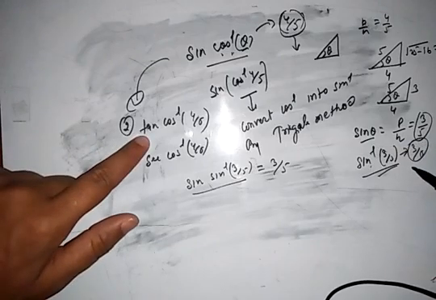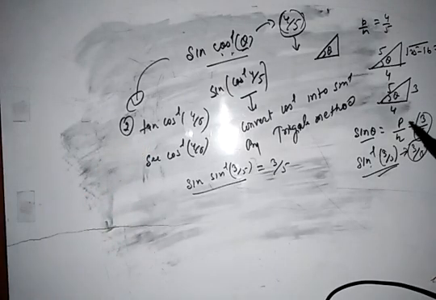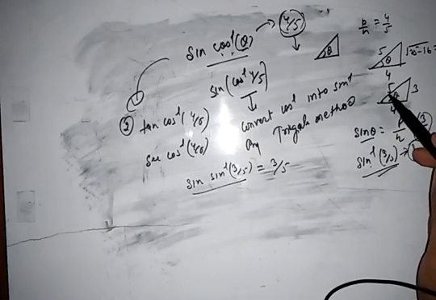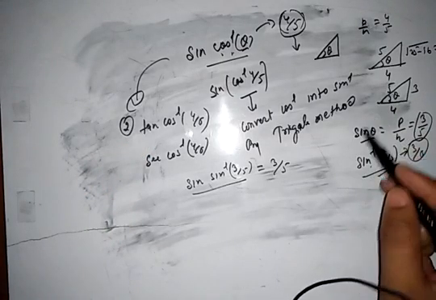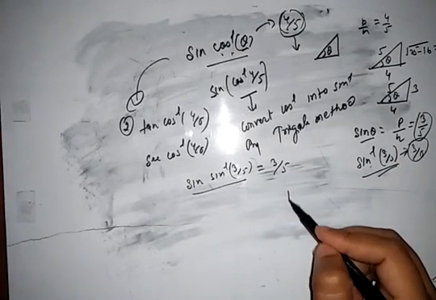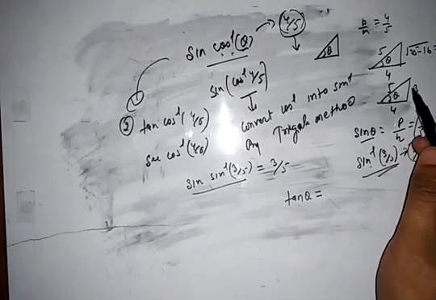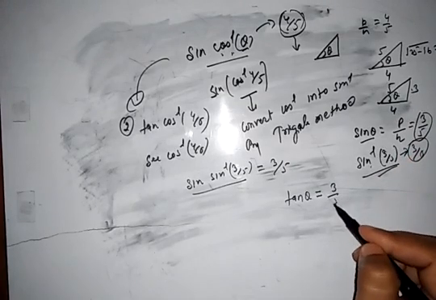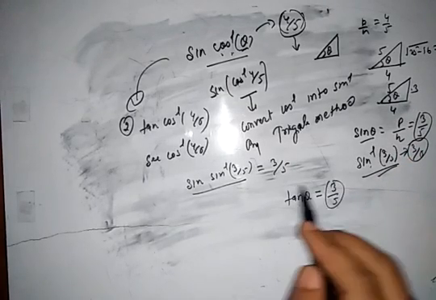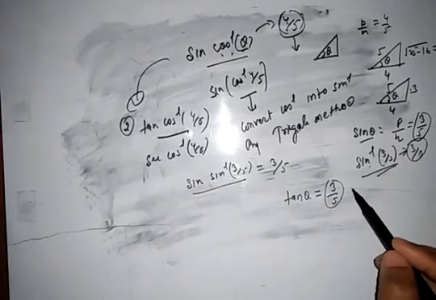If it is given in the form of tan, then you find tan theta, which is p by b, 3 by 5.